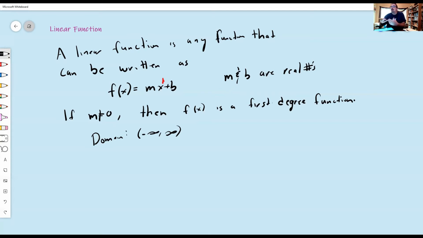You're also looking for places where you're dividing by 0. Since there are no fractions here, I can't divide by 0, so that's our domain. And the range is similar, minus infinity to plus infinity.